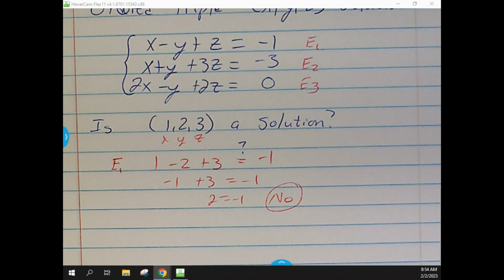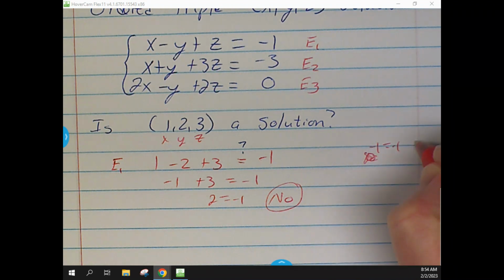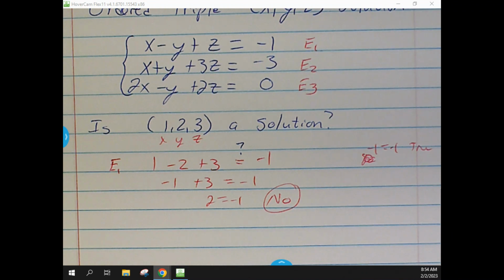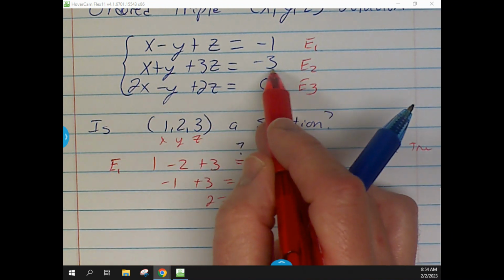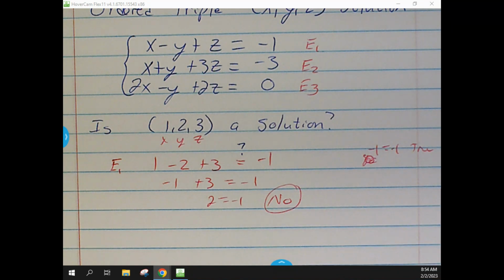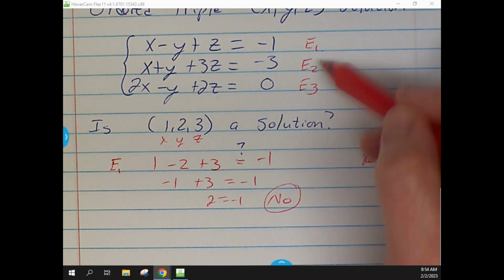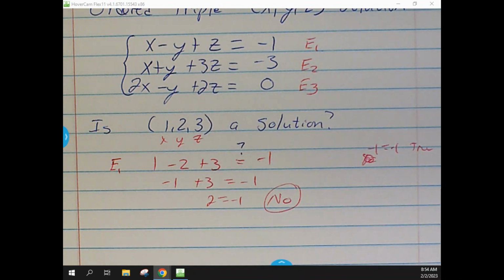If we had plugged into the first equation and we had, let's say, -1 equals -1, if that part had been true, then we would have gone to the second equation and plugged it back in. If that one's true, then we go to the third one. And if all three parts are true, then it is a solution. And if any one of them is not true, if you get to a point where it doesn't make any sense, you stop and there's no need of checking. There's no need for us to check 2 and 3 because if it doesn't work here, it doesn't matter what it does here. It's got to fit all 3 to be a solution.